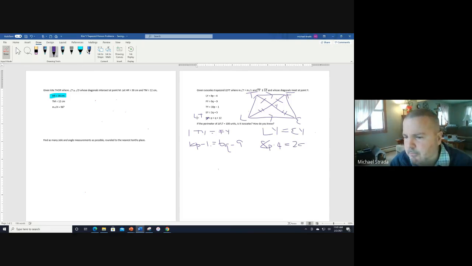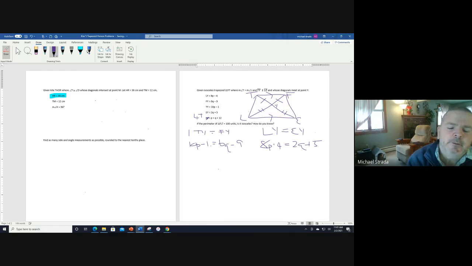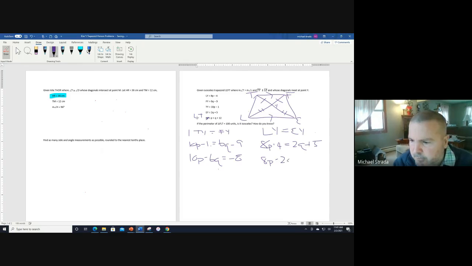EY is given to us as 2Q plus 5. So I'm going to get this one in standard form. 10P minus 6Q equals negative 8. 8P minus 2Q equals 9.